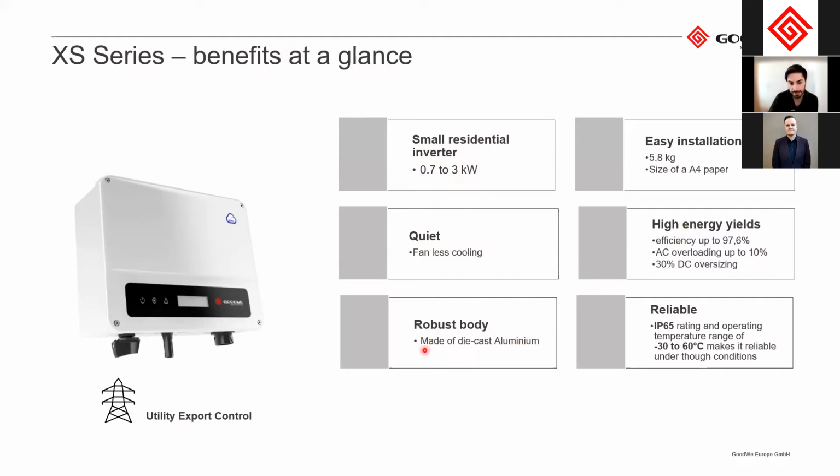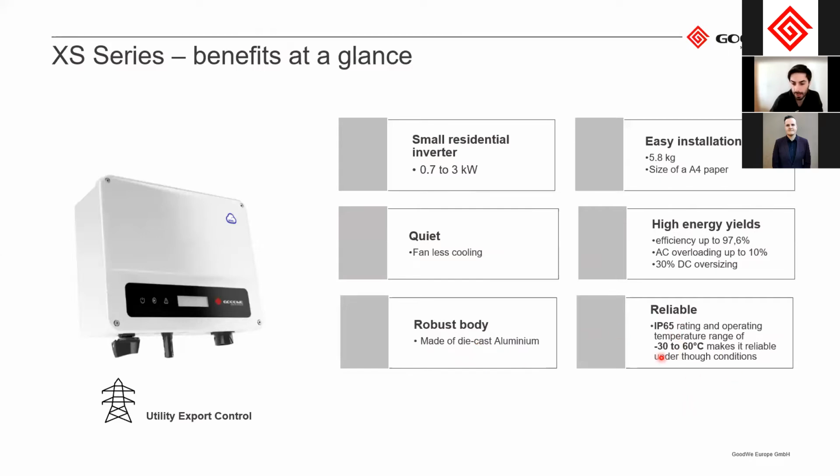It also has a robust body made of die-cast aluminum, so there are no plastic covers or such that can break easily. It also helps improve the cooling of the device.